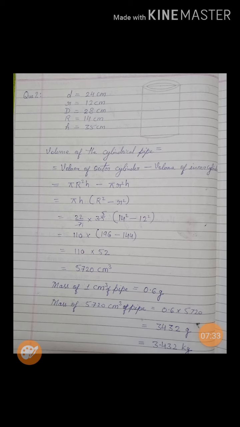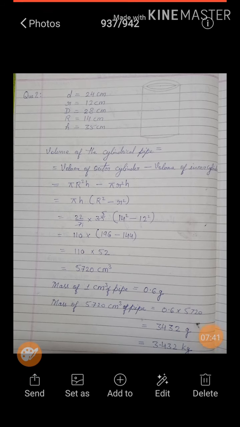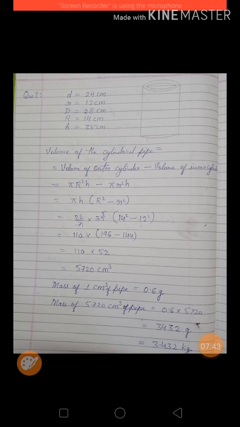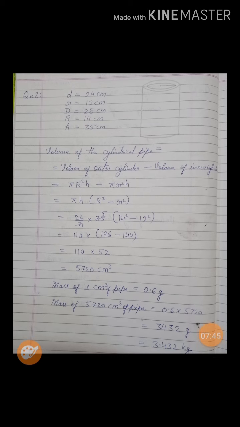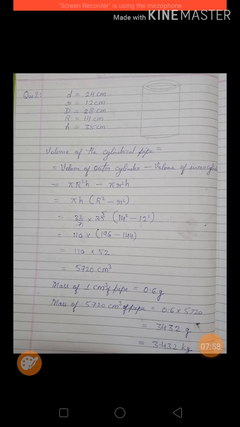Mass means weight. So we know that the pipe is hollow from inside. So we need to find the volume firstly of cylindrical pipe. So volume of cylindrical pipe will be equal to volume of outer cylinder minus volume of inner cylinder. If we subtract the volume of inner cylinder from outer cylinder, the remaining will be the volume of cylindrical pipe.